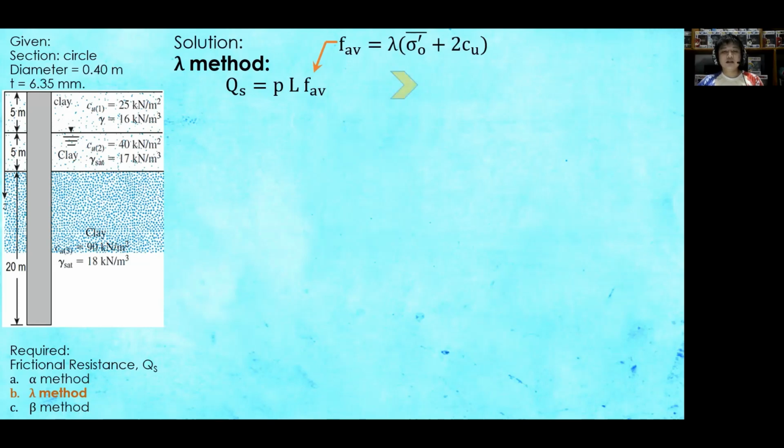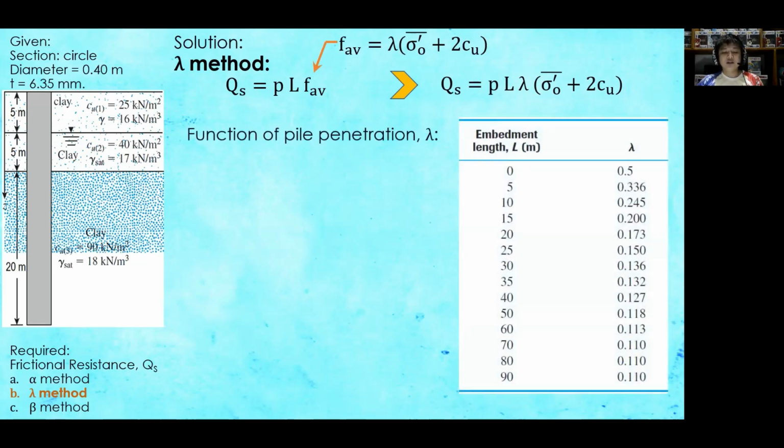Thus, the resistance is equal to P times L times lambda times the quantity sigma O prime bar plus twice Cu. The function of pile penetration, or lambda, for L equal to 30 meters from table 3.7, the value is 0.136.